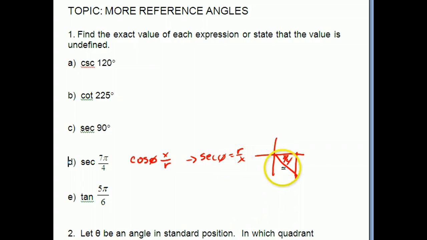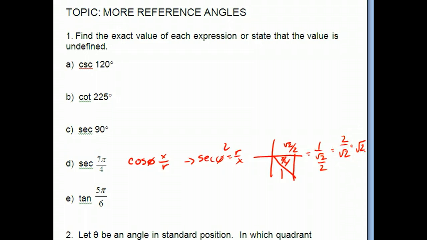So for secant, my radius is 1 and my x is going to be positive root 2 over 2. That gives us 1 over root 2 over 2, which is equal to 2 over root 2, which is simply equal to what after you rationalize? The square root of 2.